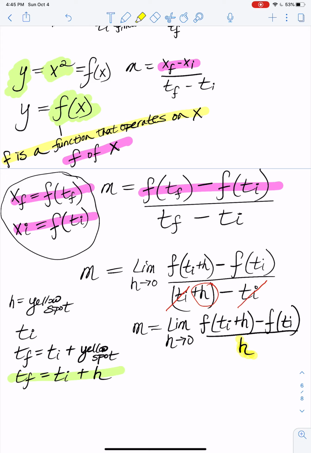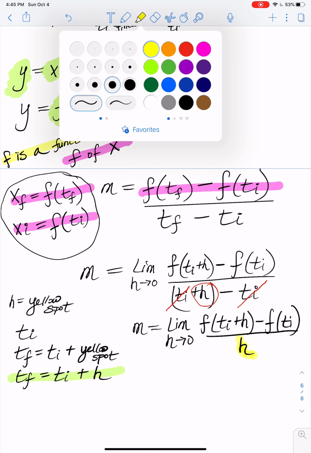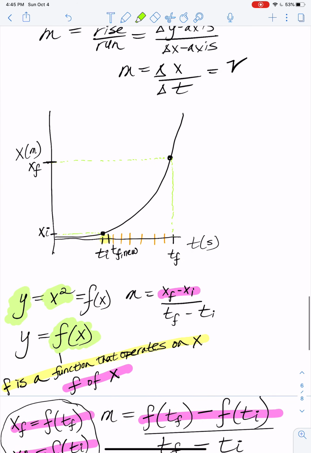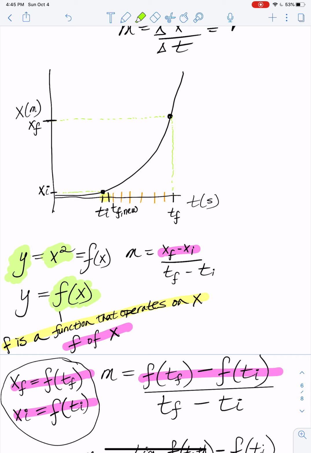But it seems that the slope is dependent upon ti, but I just arbitrarily picked some value for ti. If you remember, I just came up here and I was like, oh, that's ti. Well, what if I would have picked this point right here? Would that have changed everything? Yeah, it would have.